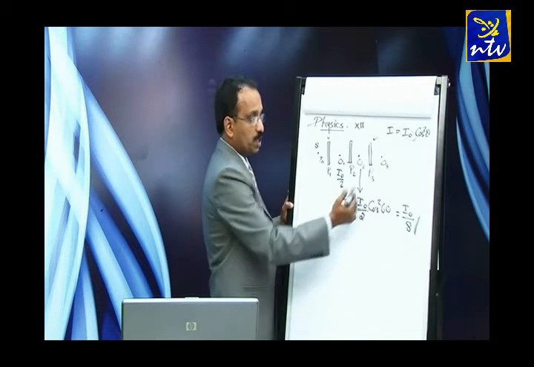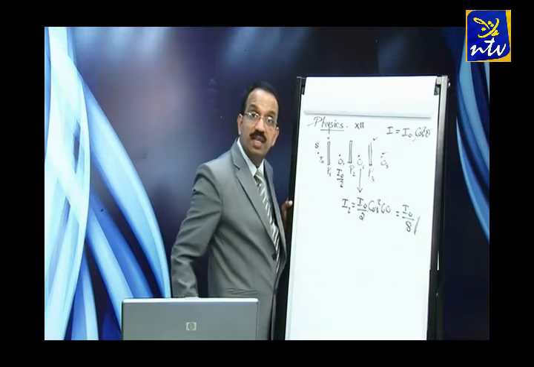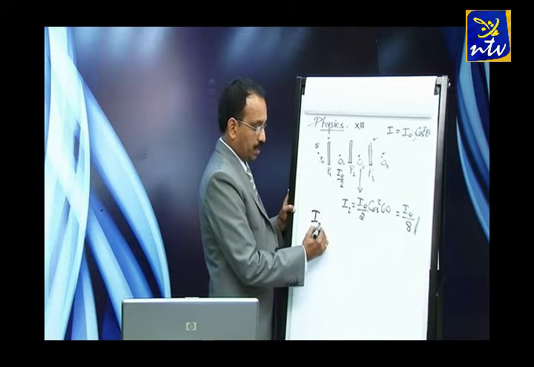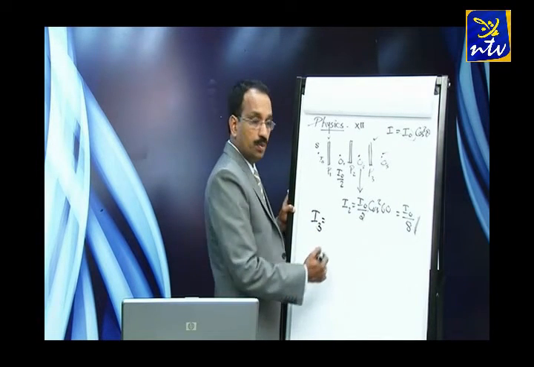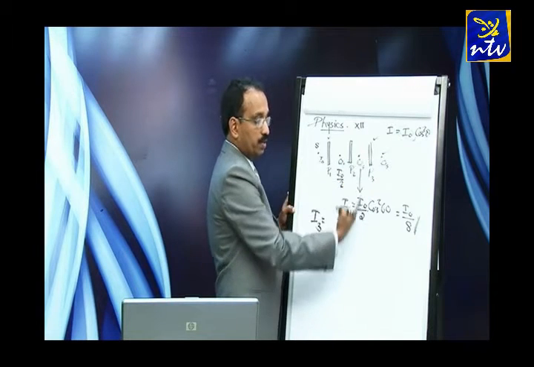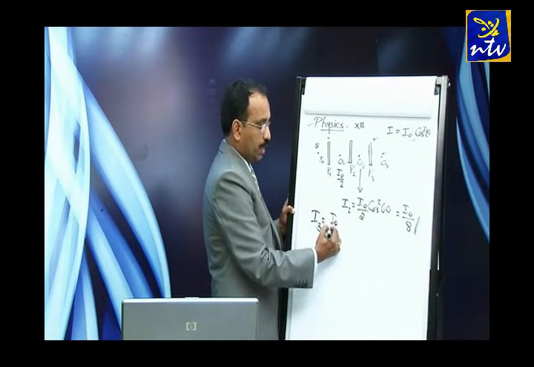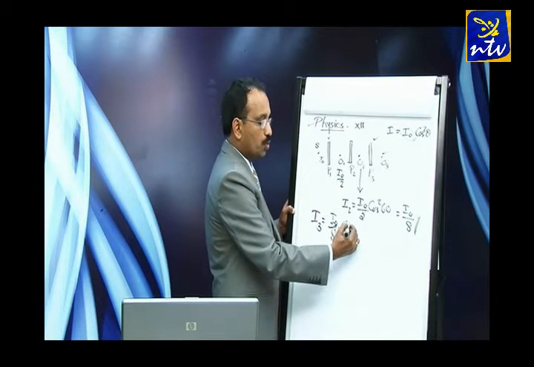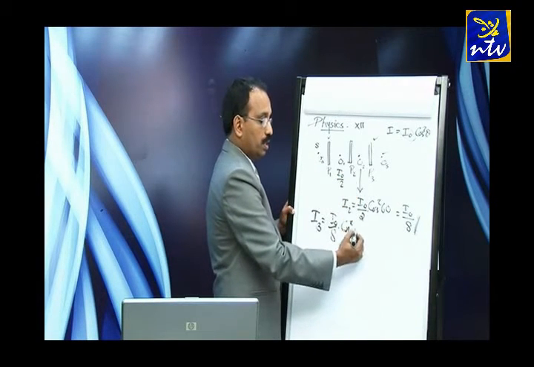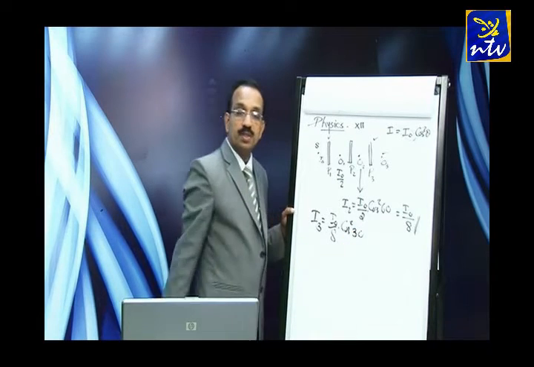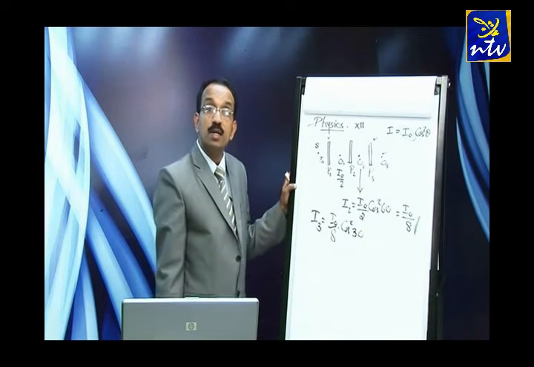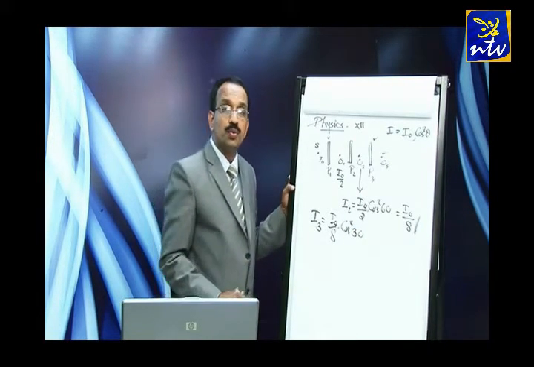The intensity of light as far as the observer O3 is concerned, what will be the intensity I3? What's the intensity of light falling over here? We have got it as I0 by 8. So I0 by 8 into cos squared, what's the angle between these two? 30 degree. How much is cos 30? Cos 30 is root 3 divided by 2.